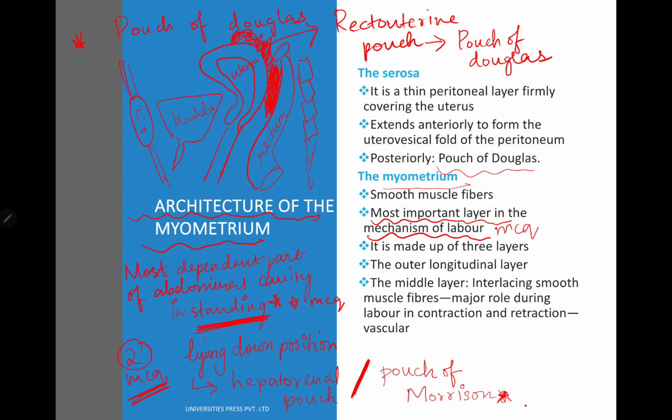No guys, we are talking about labor, not about the menstrual cycle. If the question was about the menstrual cycle, then endometrium could have been the answer. But as we are talking about labor, the myometrium is the perfect answer. It's made up of 3 layers: the outer longitudinal layer, and the middle layer, which has interlacing smooth muscle fibers. These interlacing smooth muscle fibers play a major role during labor in contraction and retraction.